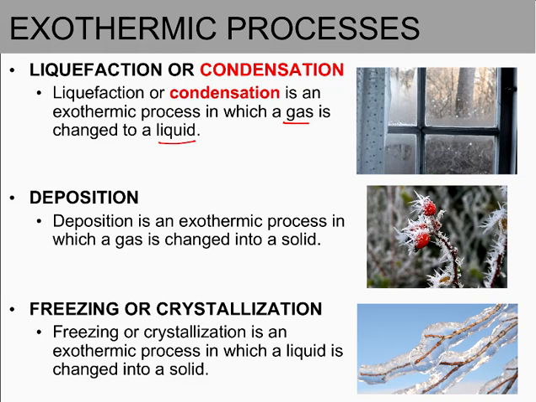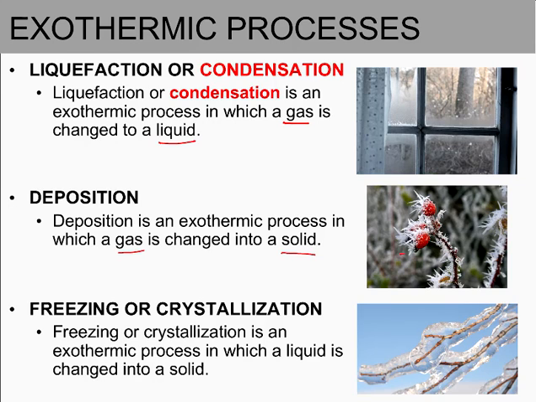All right, so deposition is an exothermic process in which a gas is changed into a solid. So here we're skipping the liquid phase again, but in the opposite direction. So for instance, if it's cold enough outside, moisture in the air, in its gaseous form, can just solidify very quickly.